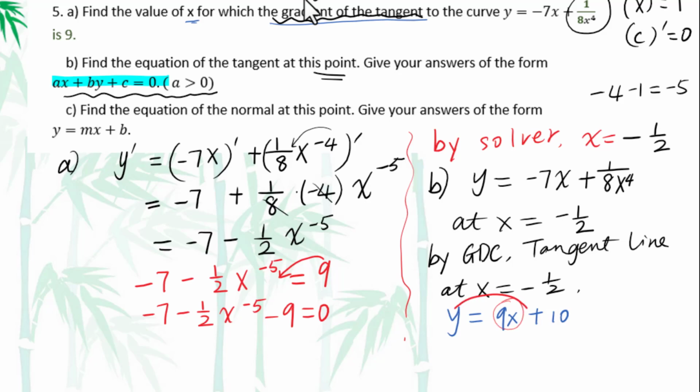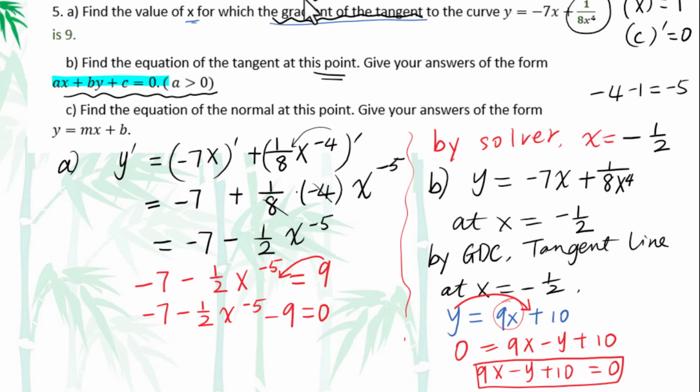We need to move y to the right side of this equal sign. Remember, cross the river change sign. 0 equals 9x minus y plus 10. You can write down 9x minus y plus 10 equals 0. This will be the equation of a tangent line at x equals -1/2.